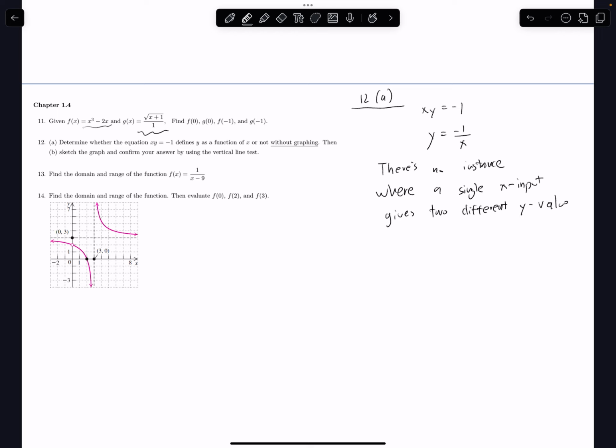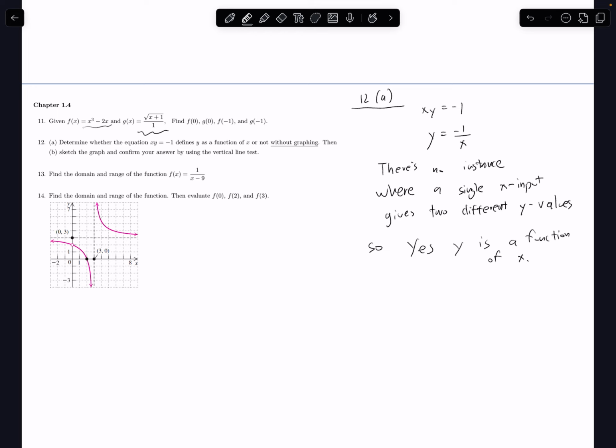Okay, there you go. So what does that mean? Yes, the function. So yes, y is a function of x.